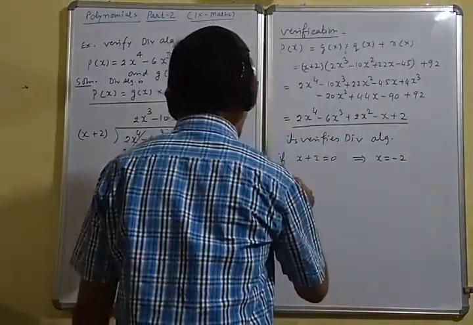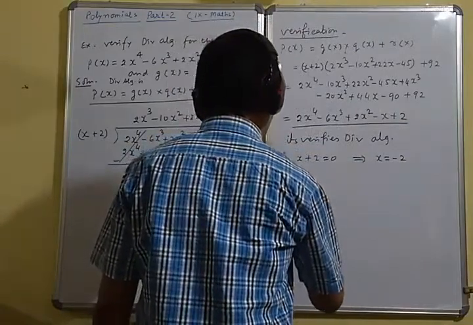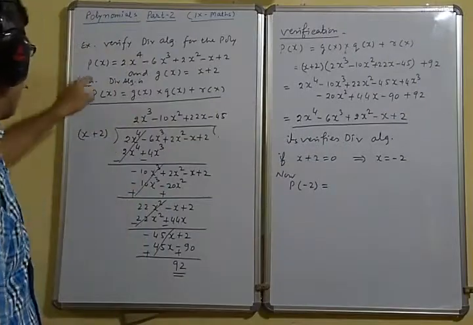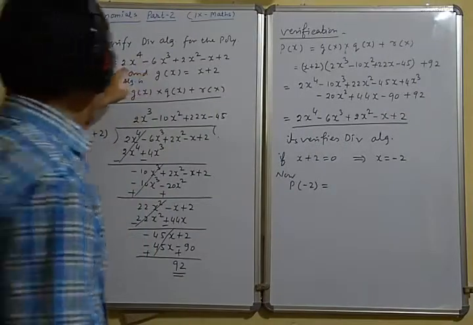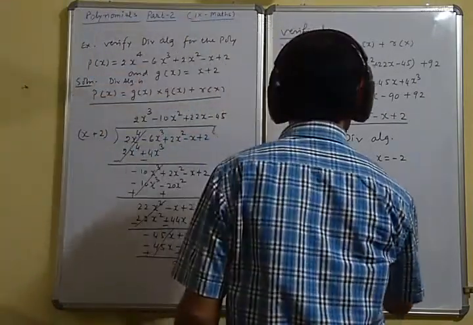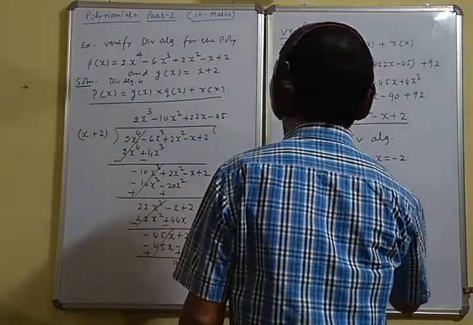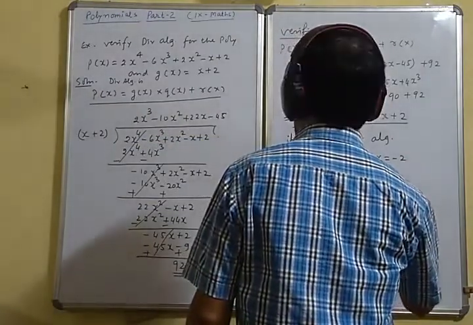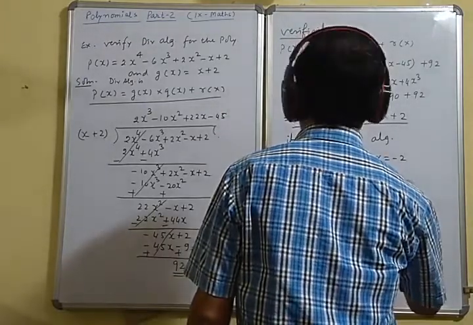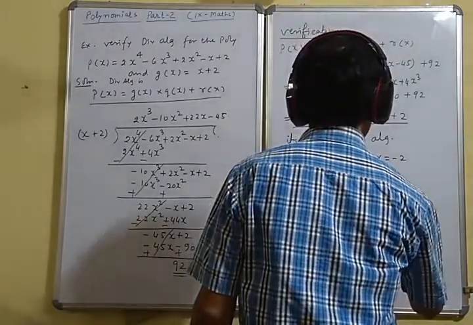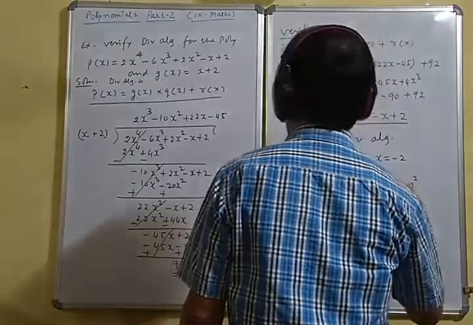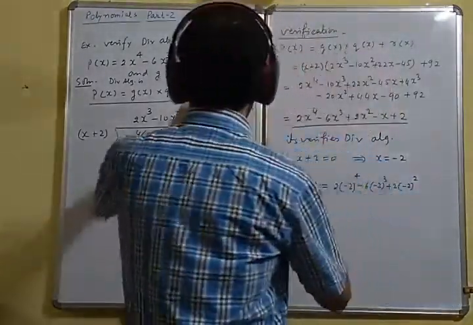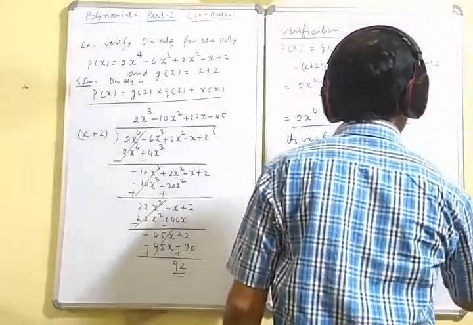So now you find p of minus 2. So p(x) is this much; substitute the value: 2 times minus 2 raised to power 4 minus 6 times minus 2 raised to power 3 plus 2 times minus 2 raised to power 2 minus minus 2, which becomes plus 2, plus 2.